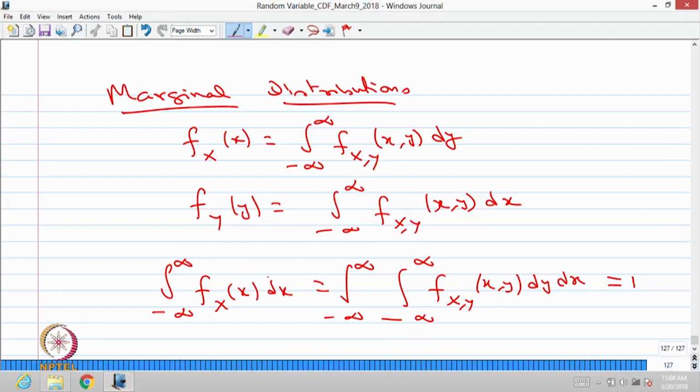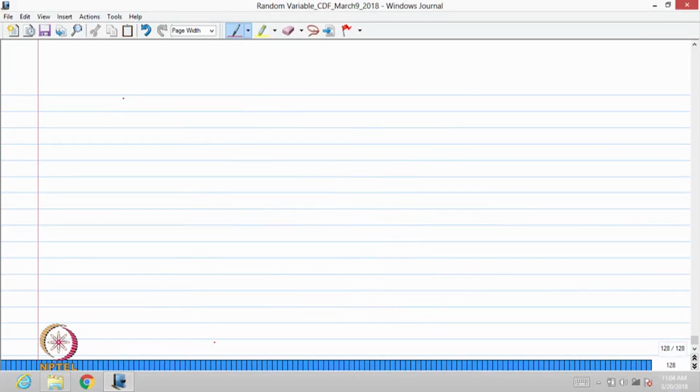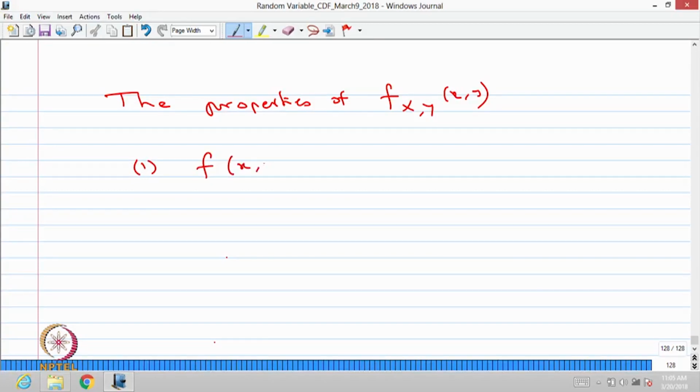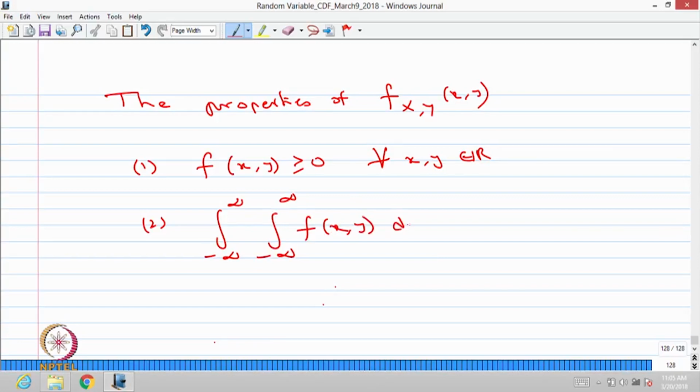Therefore the properties of the joint probability density function are: this is always going to be greater than or equal to 0 for all x comma y belonging to real, and the second condition, the double integration from minus infinity to infinity of the joint probability density function is always going to be 1.